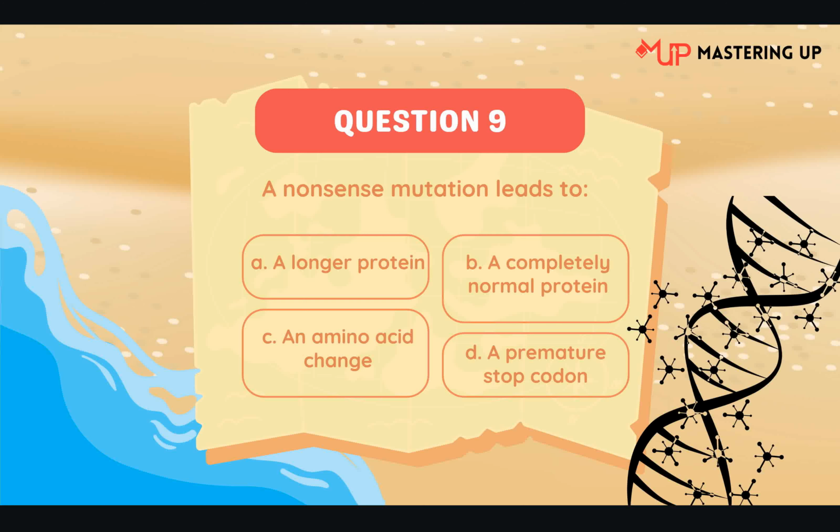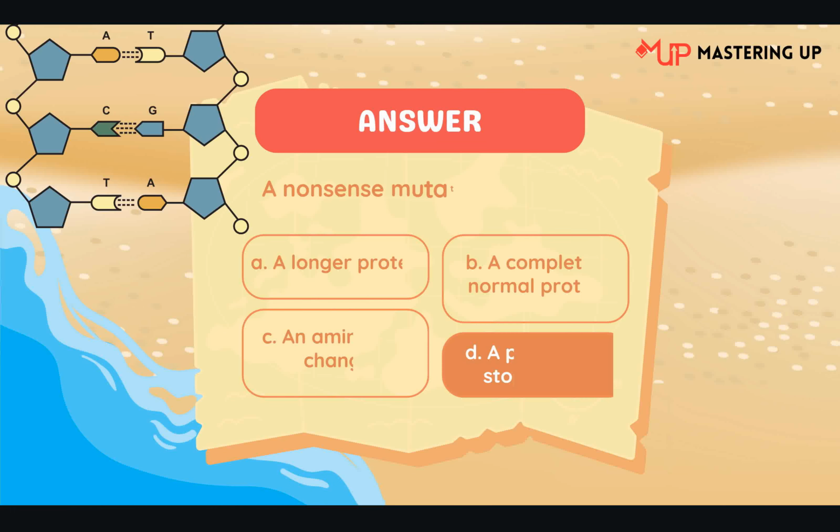Now let's see the answer for this question. The answer is option D, a premature stop codon. So a nonsense mutation leads to a premature stop codon. Hope you all got the correct answer.